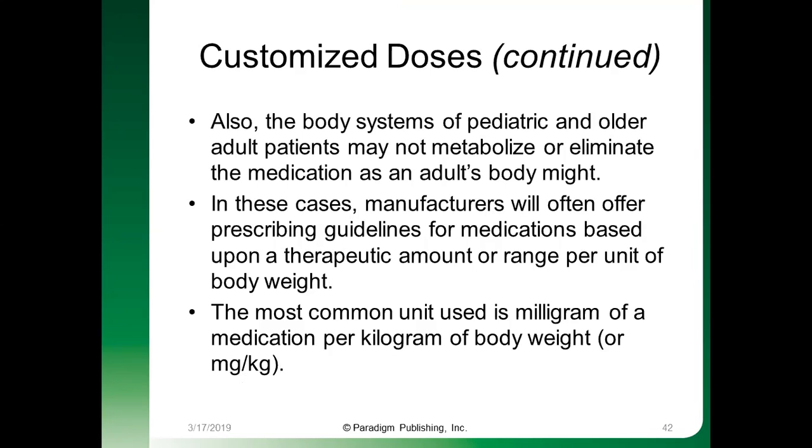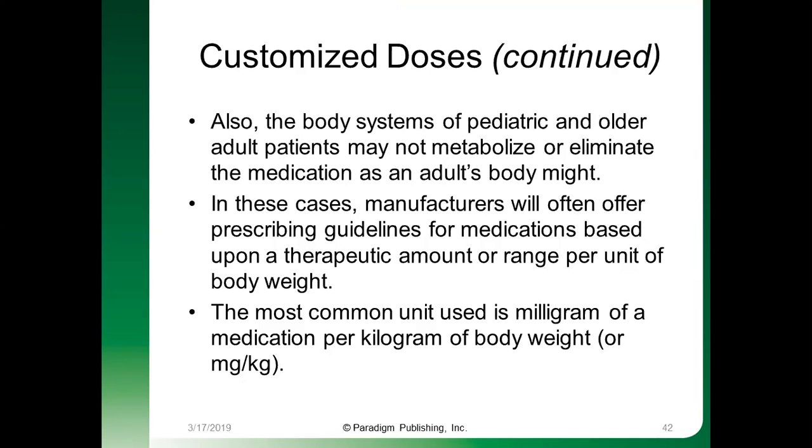So in these cases, manufacturers will often offer prescribing guidelines for medications based upon a therapeutic amount or range per unit of body weight. Remember, they have done all this information in their case studies, and they have to have this available for those specific situations.